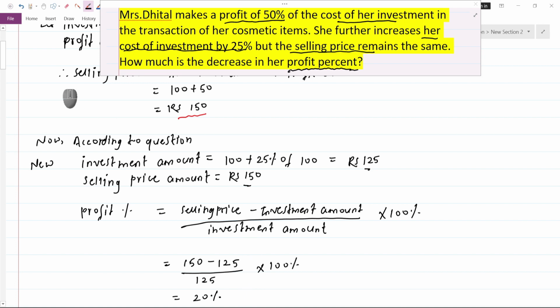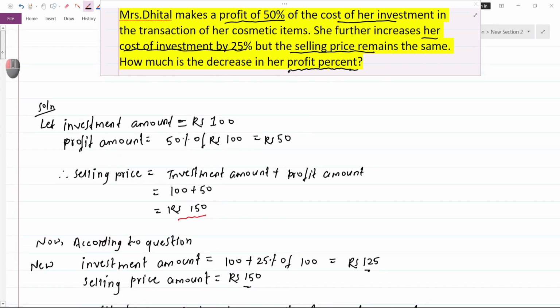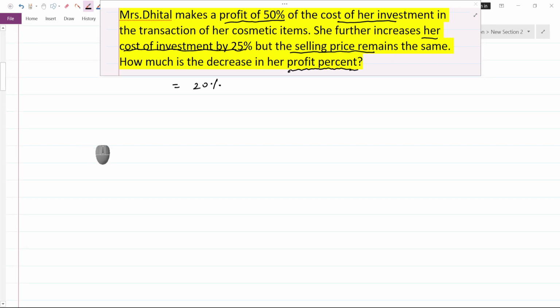Now see, our initial profit percent was 50%. I will show you a better way. The initial profit percent was how much? 50%, and the new profit percent is 20%. We calculated it.